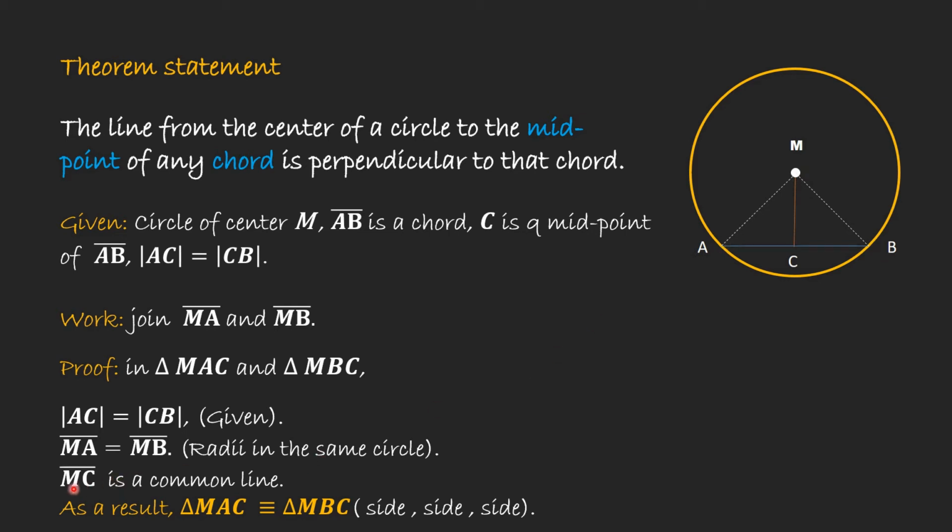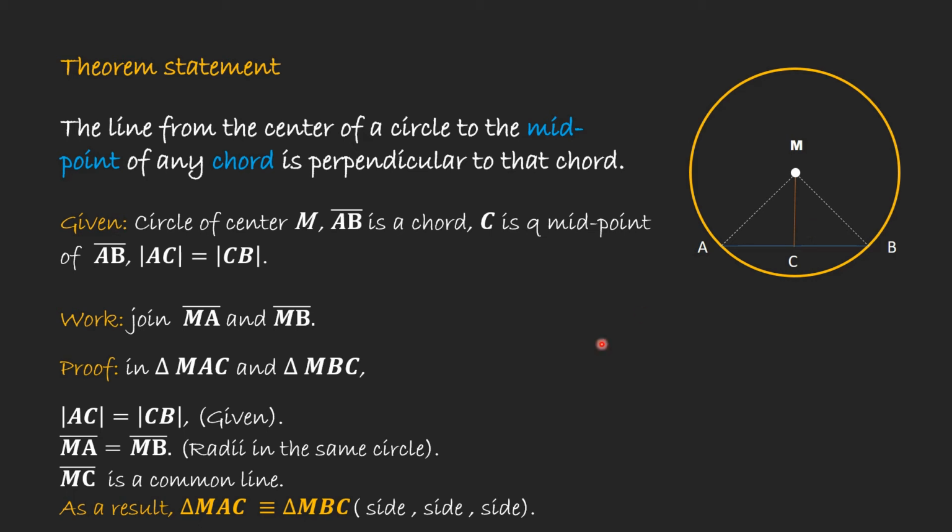The third point, that MC is a common line. Let's see, MC is a common line between these two triangles, right? So what do we have here? We have AC equals CB, MA equals MB, and MC is a common line between the two triangles. So therefore these two triangles are identical, they are congruent.